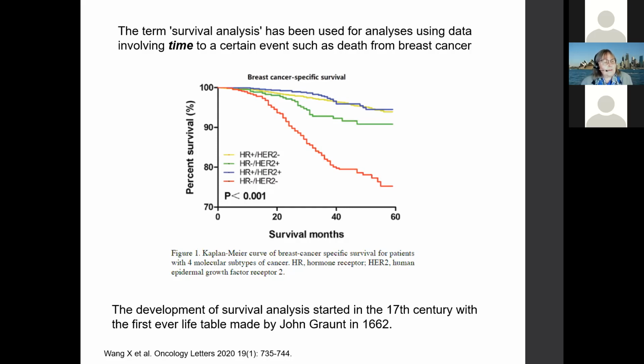Now this, if you don't look at the y-axis, which indicates percent survival, you might think that most people are dying, but I want to point out that this is actually a truncated axis, which I have a little bit of an issue with. I think it probably should run the whole range from 0 to 100, but the authors probably did this to illustrate the difference better between the four groups.